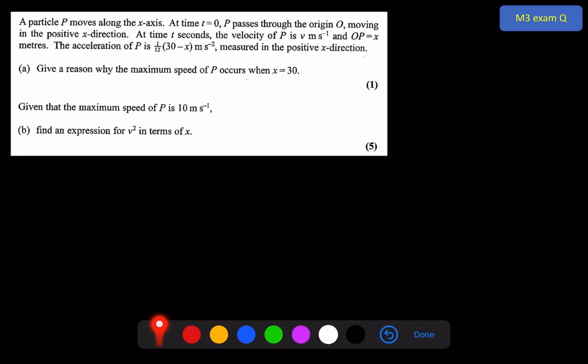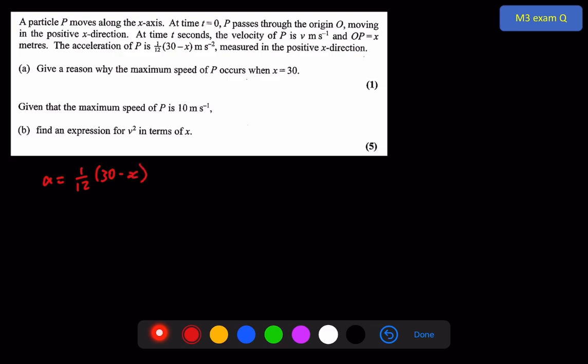A particle p moves along the x-axis. At time t equals 0, p passes through the origin, moving in the positive x direction. At time t seconds, the velocity is v, op is equal to x, the acceleration is this, measured in the positive x direction, that's telling us that this is positive for our acceleration.